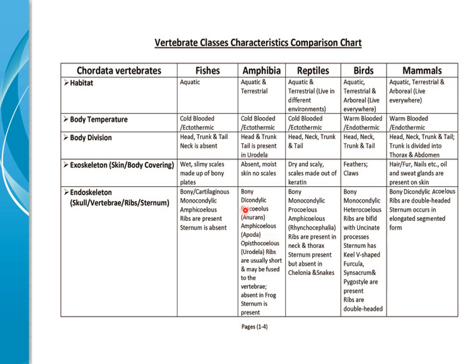Opisthocoelous is a type of vertebra which is exactly the opposite of procoelous. In procoelous, as I have explained, the concavity is at the anterior surface, whereas in opisthocoelous vertebrae, the concavity is at the posterior surface. In reptiles, the vertebrae are generally procoelous, whereas in the Rhynchocephalia order, we come across amphicoelous vertebrae.